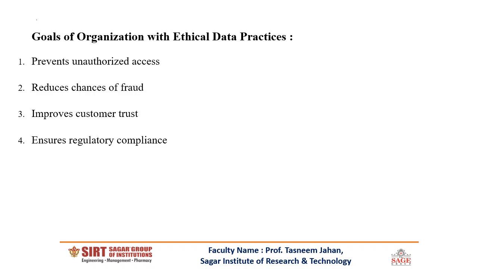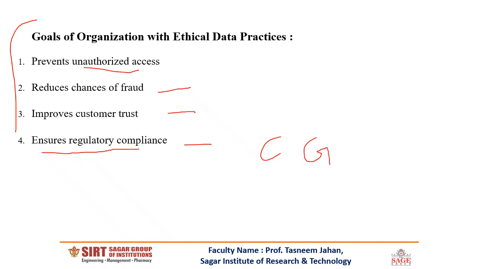And if you are effectively managing your informed consent practice, what will be the outcome? What will be the goal result? That you can prevent unauthorized access, you can reduce the fraudulent activities, and hence you can increase the trust and maintain compliance.